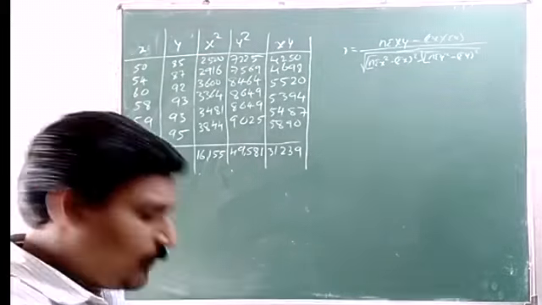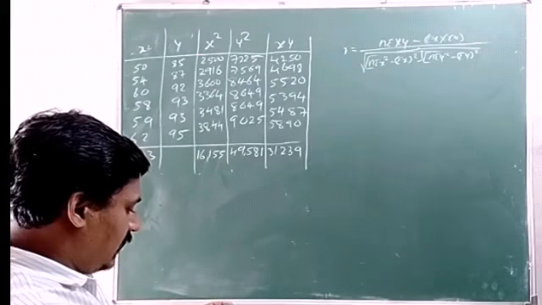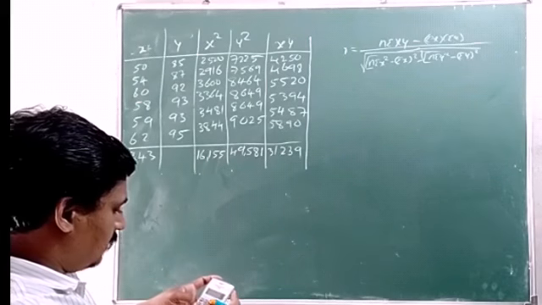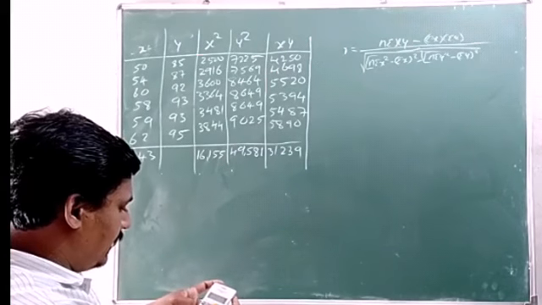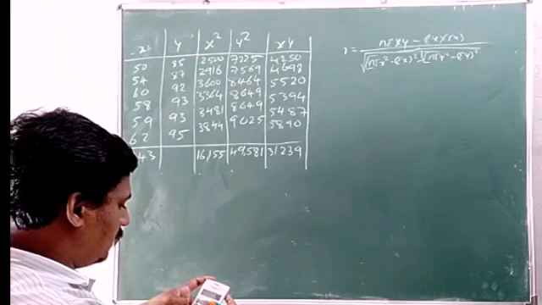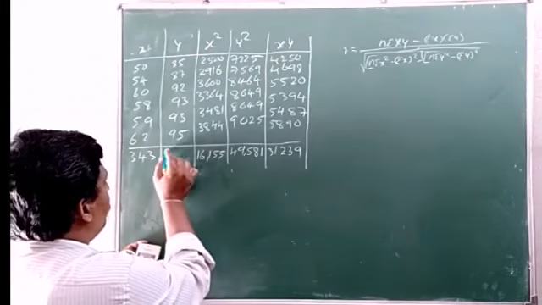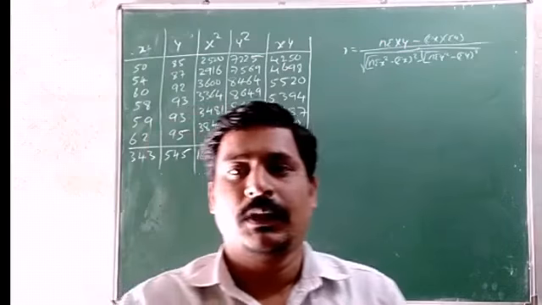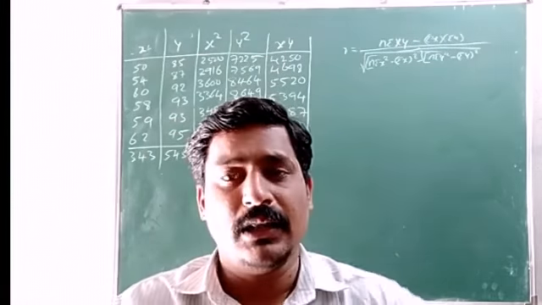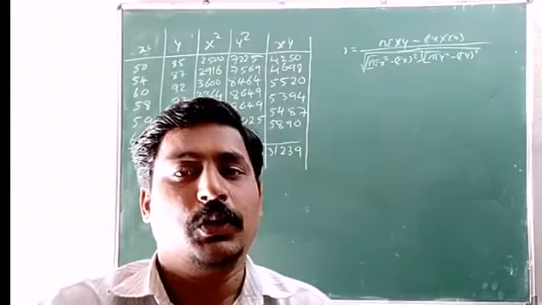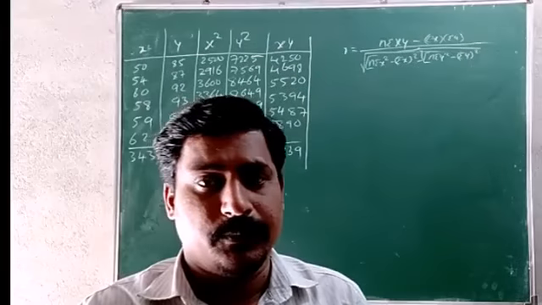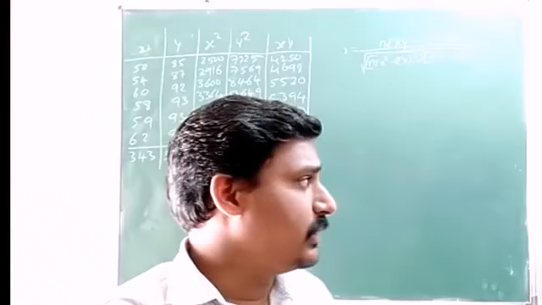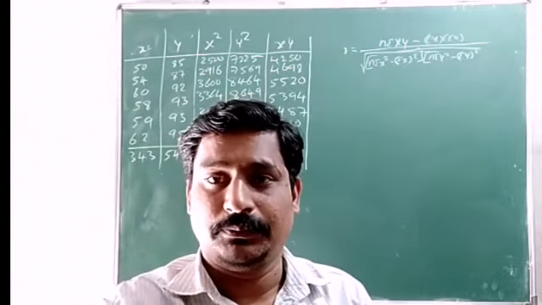And total of y column: 85 plus 87 plus 92 plus 93 plus 93 plus 95, that is 545. So now we have calculated all the required columns to calculate correlation. Now let us calculate by substituting the totals in the formula.